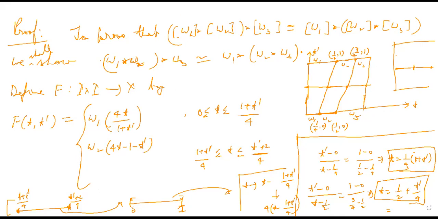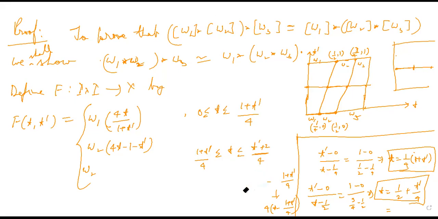Then you want to complete this omega 3 between t prime plus 2 upon 4 and t less than or equal to 1. So basically this interval, t prime plus 2 upon 4 and 1.